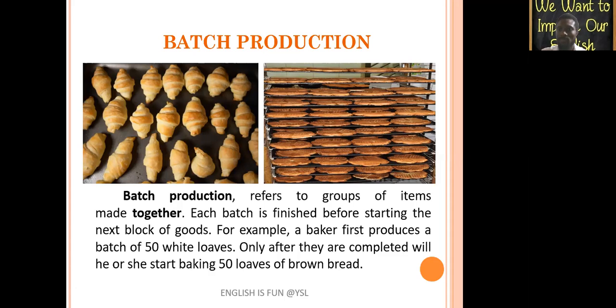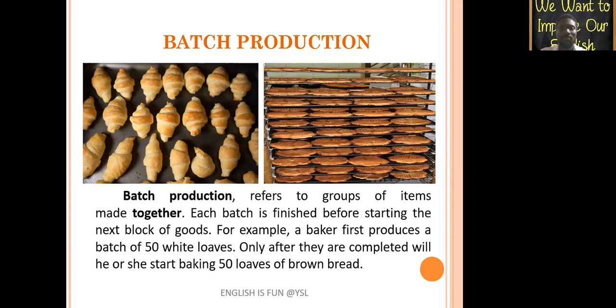However, a baker will bake a particular set of breads or cakes, make sure that he or she finishes the sales, and then make another one. He or she will not bake another set unless she has finished selling the first one she made earlier on. So what we're saying is, in this type of production, products are made in groups.